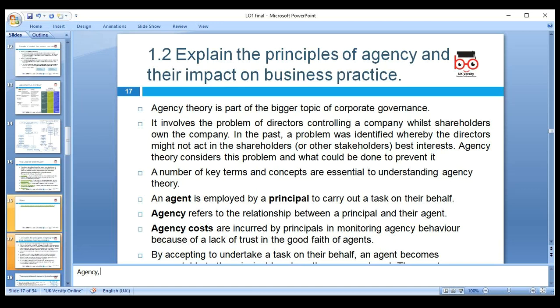They should work in the best interest of the shareholders, but they often try to maximise their own wealth, like Barclays Bank, which made not a single penny of profit back in 2015, and the CEO was paid a 2 million bonus. So we need to look at the relationship. Here we're looking at business practice. Agency is part of the bigger topic of corporate governance. Do we know corporate governance? CG, what is meant by it?